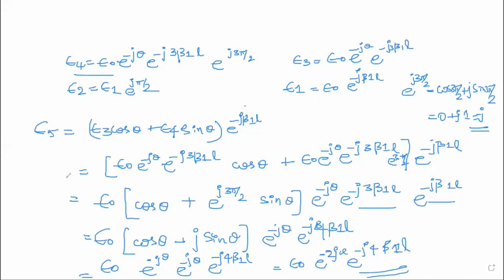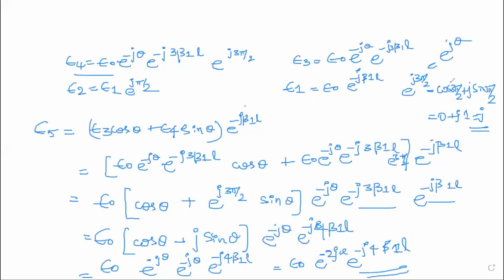So this is the final equation of E5. See, first consider the E5 equation. Write the components, horizontal and vertical, based on that phasor diagram. Then substitute the E3 value, substitute the E4 value, take out the common terms. You will have cos theta plus e power j 3 pi by 2 sin theta. E power j 3 pi by 2 is in the form of e power j theta.